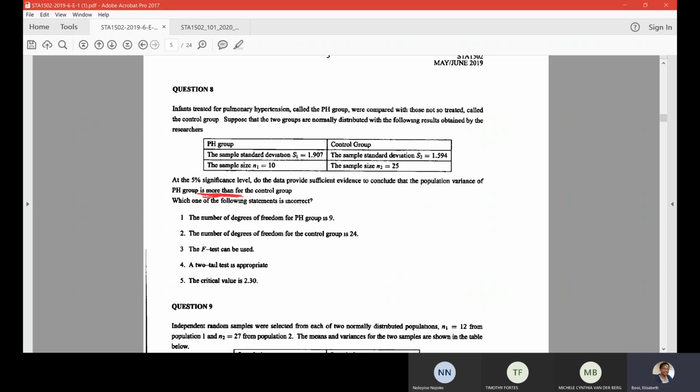They help in terms of knowing whether you're doing a 2-tailed test or a 1-tailed test. Which one of the following statements is incorrect? And here we're dealing with population variance.